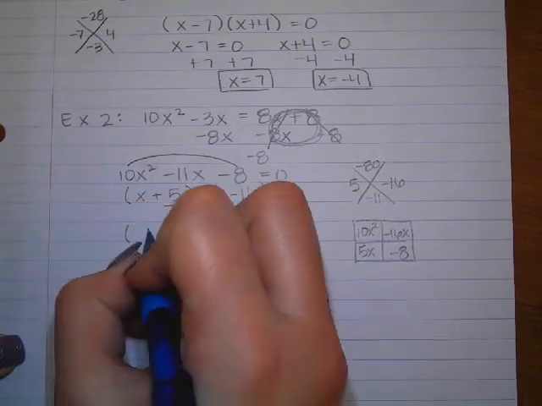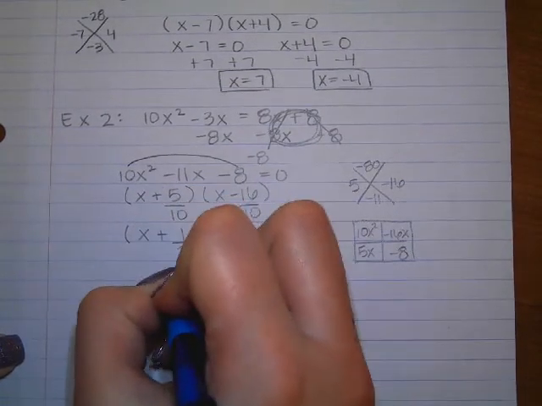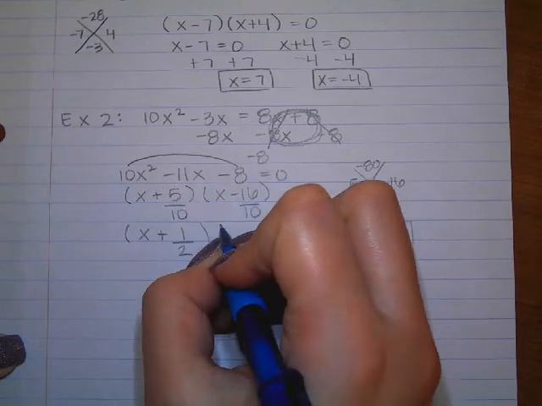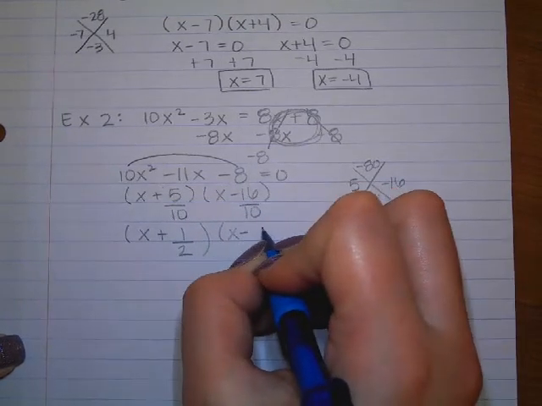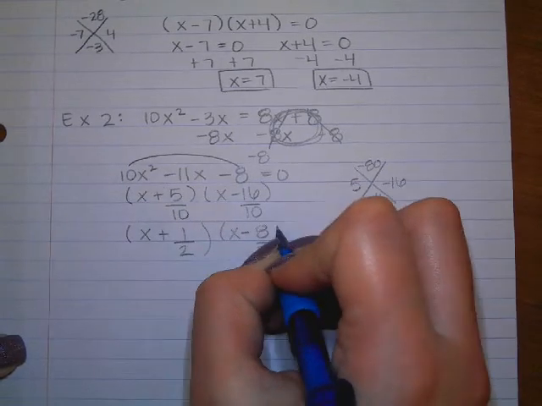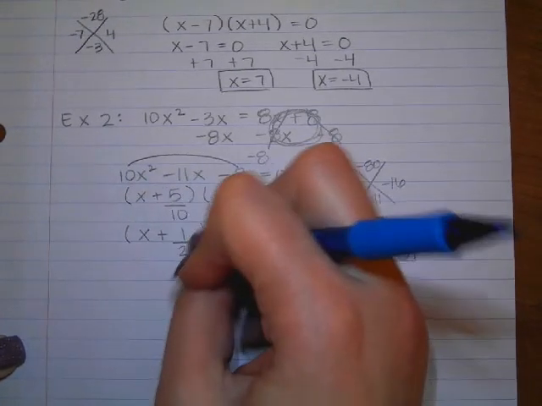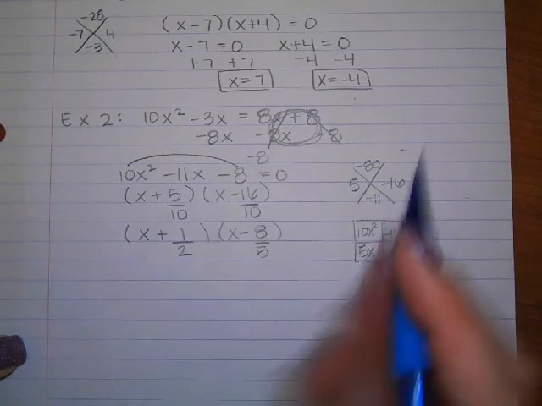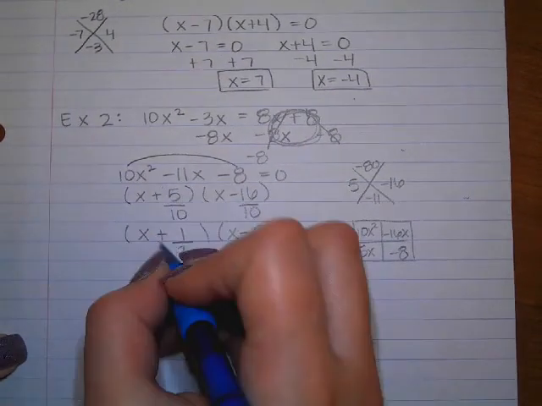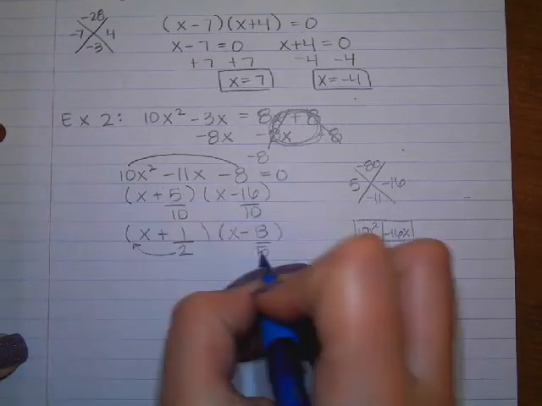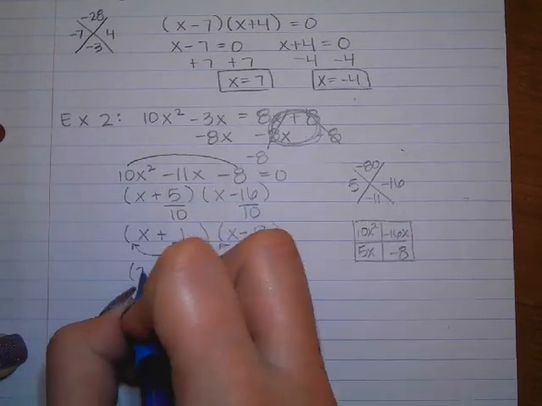So 5 over 10 becomes 1 over 2. 16 over 10 becomes 8 over 5. And then whichever parts are still left as fractions, I can go ahead and bottoms up. So the 2 is going to move up to the front. The 5 is going to move up to the front.